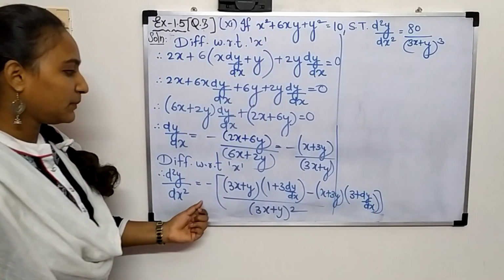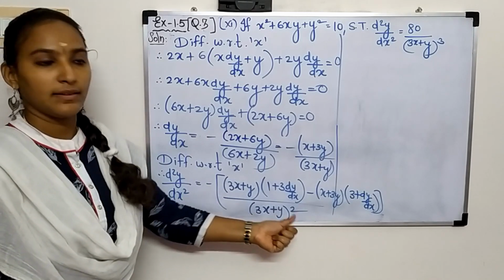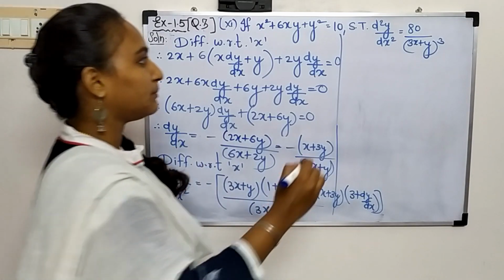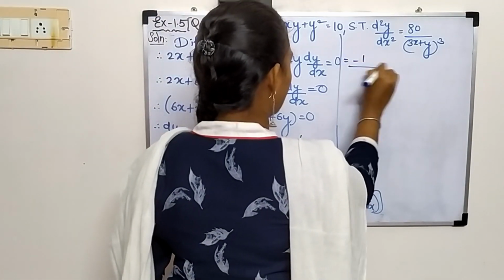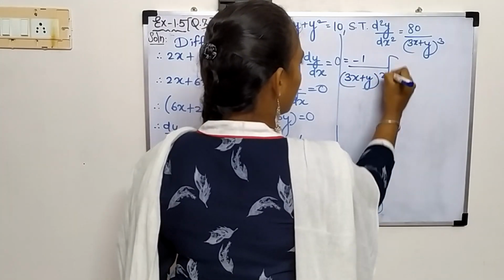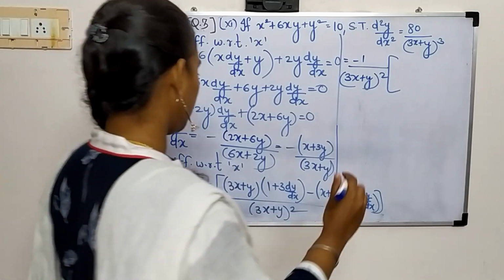Okay. Now keep the minus 1 upon (3x plus y) the whole square term out. So this is minus 1 upon (3x plus y) the whole square. Okay, now substitute for dy by dx.